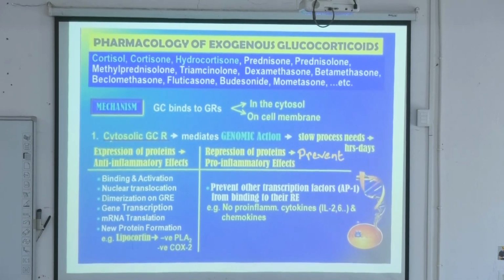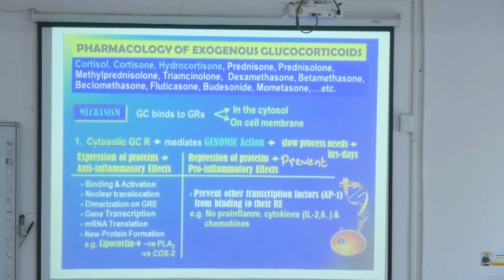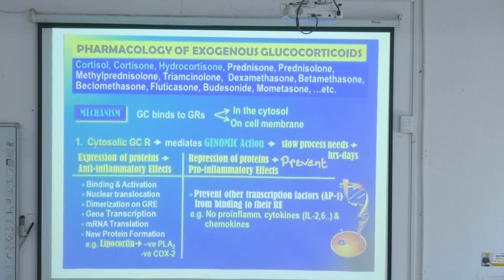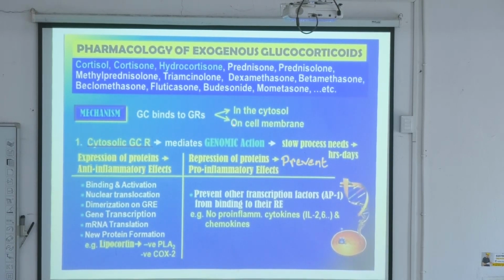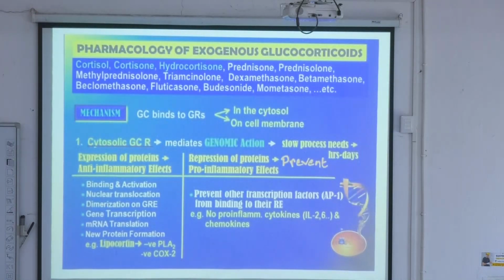One, by acting on receptors inside the cell, by affecting a genomic process. This is called the cytosolic receptors, and there is another group of receptors on the cell surface, the membranous glucocorticoid receptors.